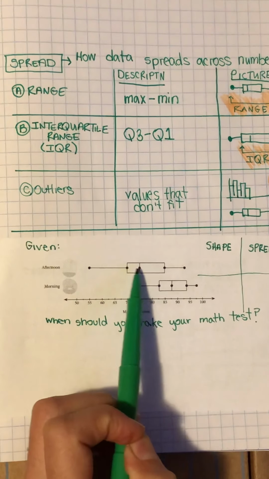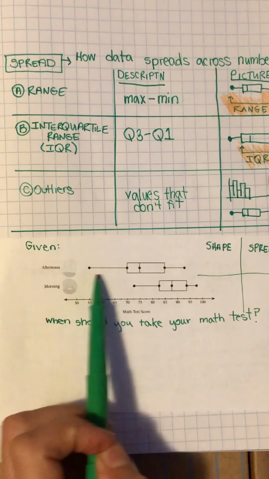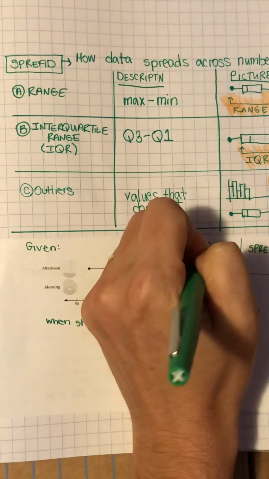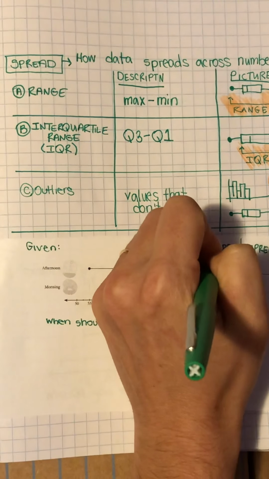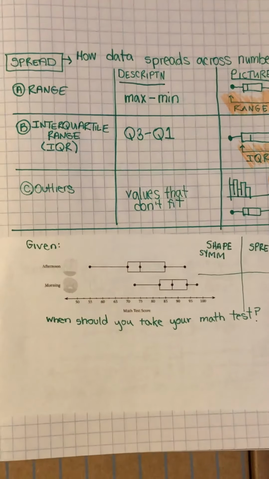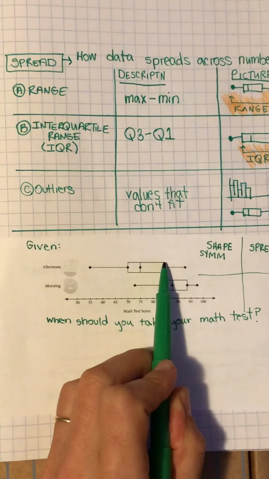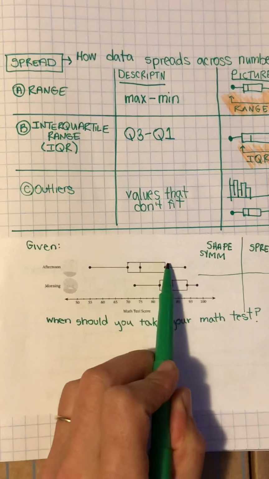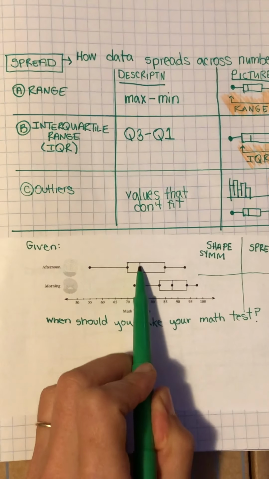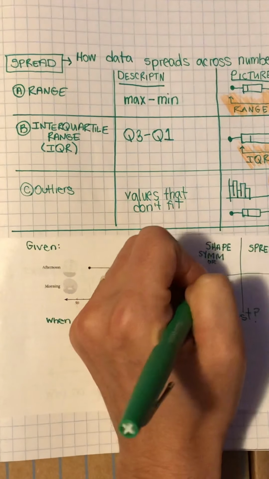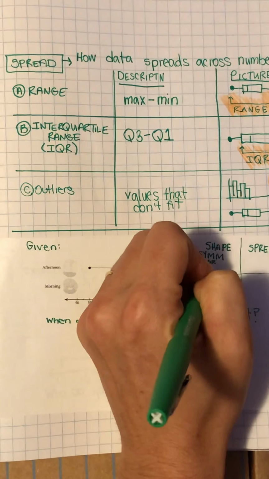This is 75 and this is 55. Again, 75 to 55 is 20 points. So I would actually say it's symmetrical. And you can make an argument that it's skewed left because within the interquartile range, or the IQR, it's towards the minimum. So I would accept both symmetrical or skewed left.